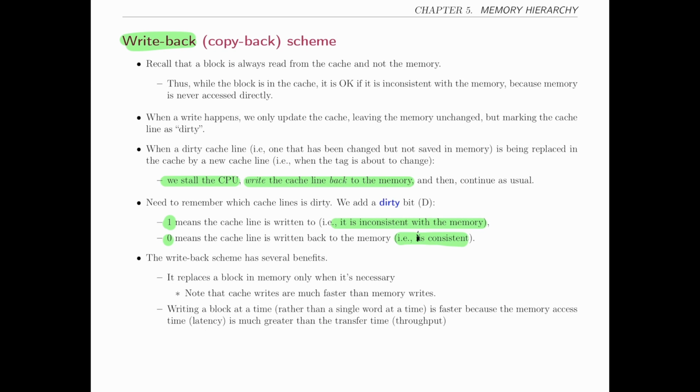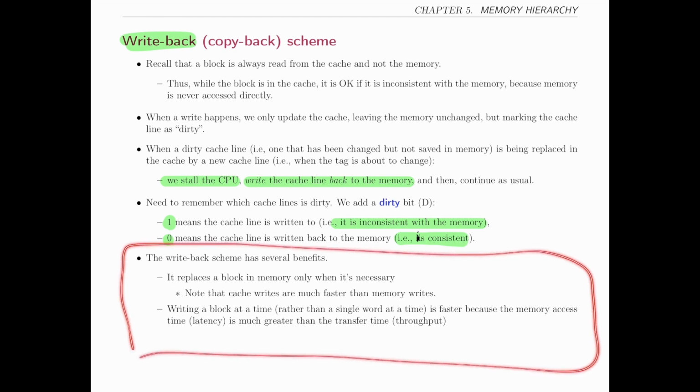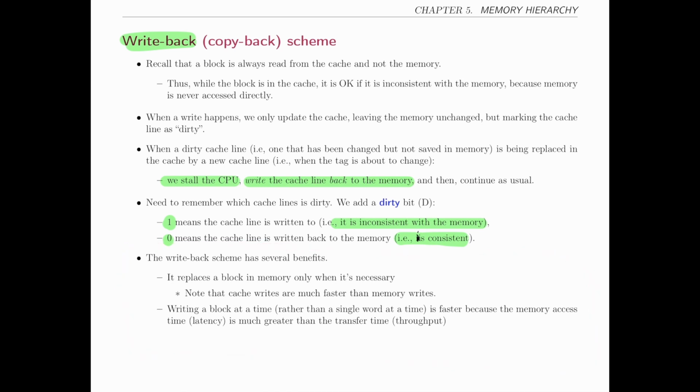The write back scheme is one of the better schemes. It's very efficient. Why? Because you don't write back things to the memory right away. You only do that when you have to update the cache, when you're throwing something out of the cache.